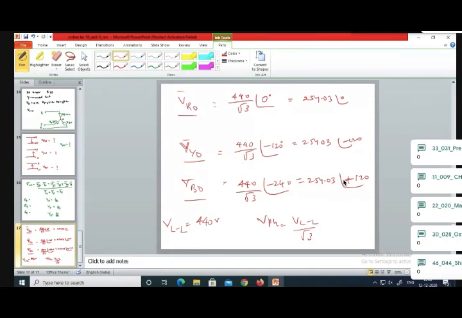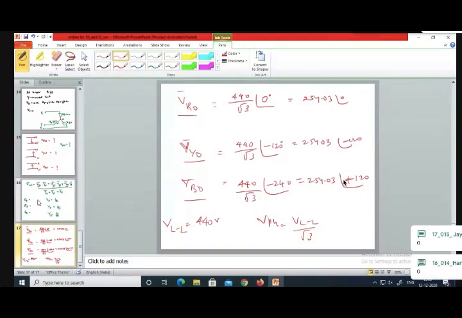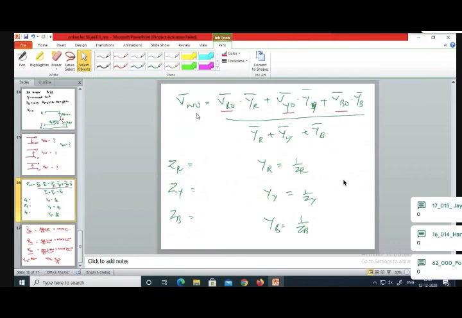Yeah. So now you have got VRO, VYO, VBO. Everything is got. Now just substitute the values in place of VRO, VYO, VBO, YR, YY, YB in the formula. Use a calculator and use brackets judiciously wherever required, because if you do not use brackets while using complex numbers, it may lead to wrong answers.